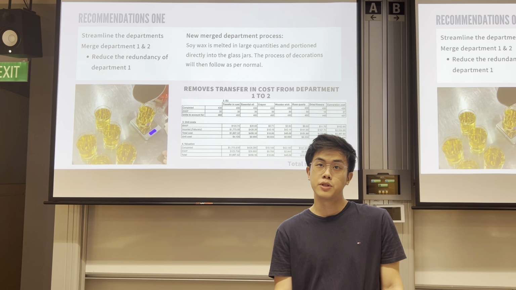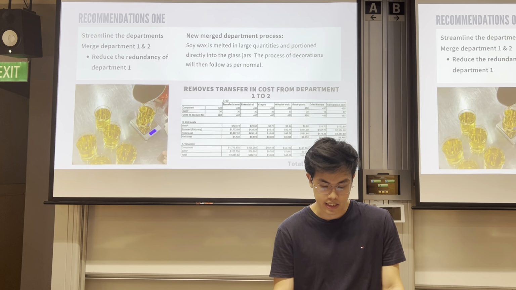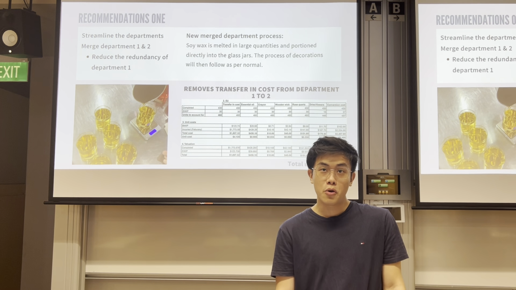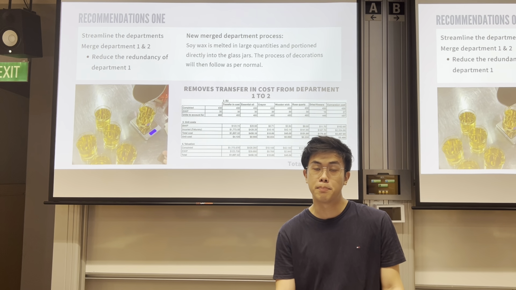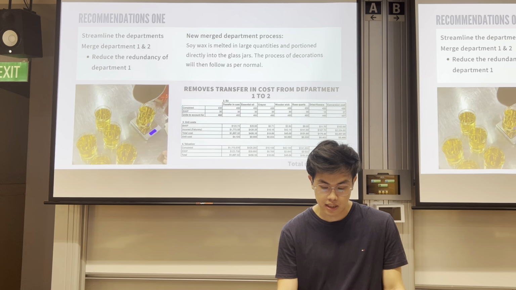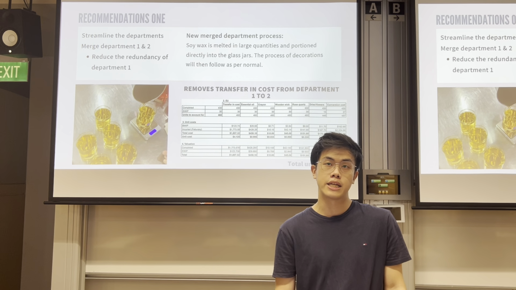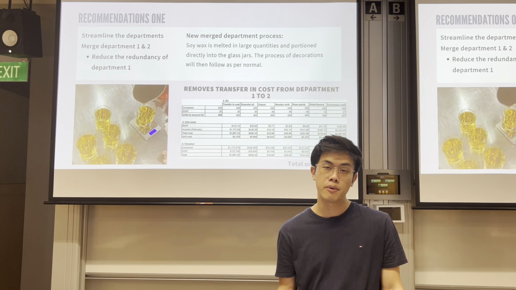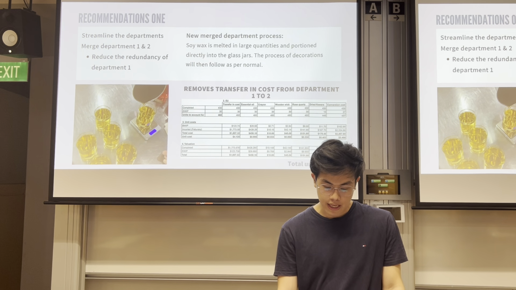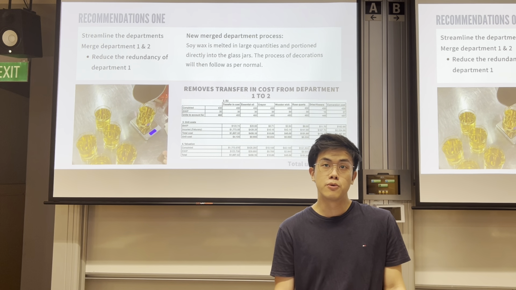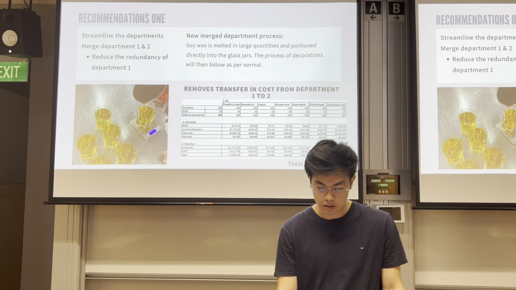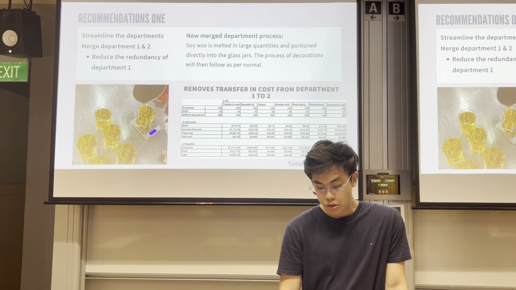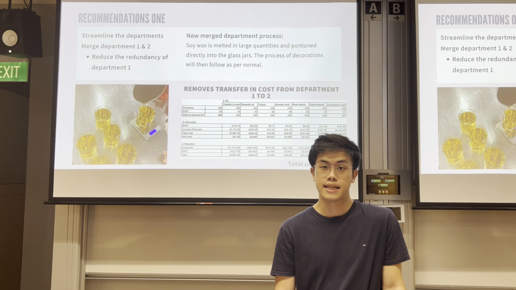What the new merged department will do instead is melt the soy wax in a larger quantity and portion it directly into the glass jars. The process of decoration then will follow as per normal. So there's no need to measure individually now, and they can straight away measure and decorate. If we streamline the departments and reduce the redundancy, it removes the transfer in cost from Department 1 to Department 2, bringing our total unit cost to $7.31.